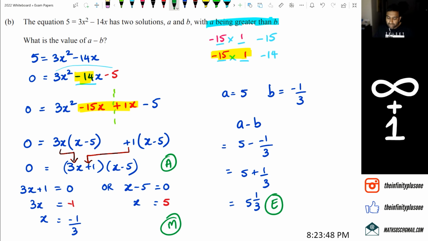Now let's say you make a mistake here with the minus. Unfortunately, that's still only going to get you a merit. So for this question, once you get the idea of the quadratic, rearrange and get the two solutions, it's a pretty straightforward excellence question compared to some of the more challenging ones I've seen before.